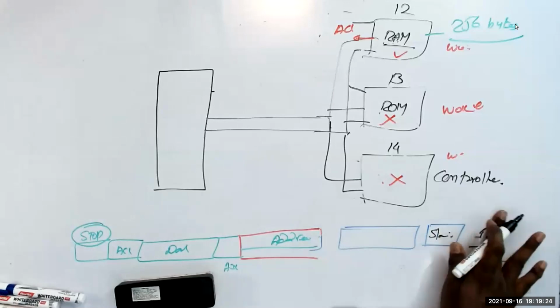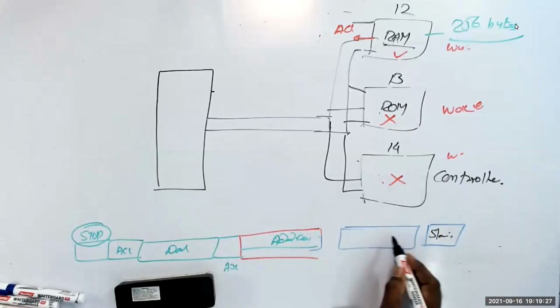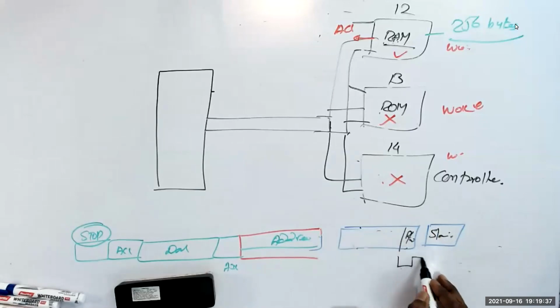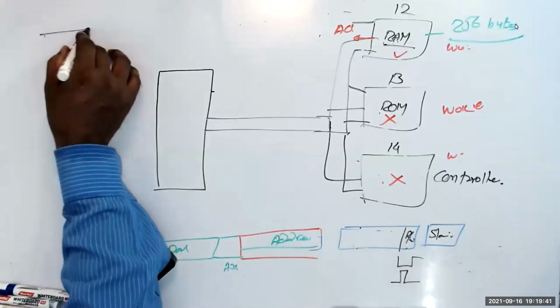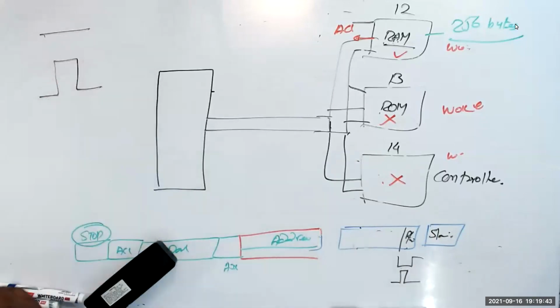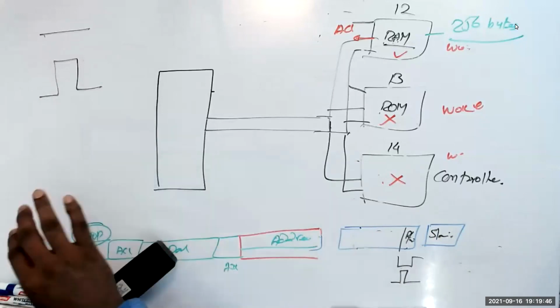Now I transmit 8 bits, device address and the read write bar. How do I transmit data? If it is 0, I make it 0, then the clock will pulse. Every time you send the data, the clock should pulse. If the clock is not pulsing, the other guy will not accept.